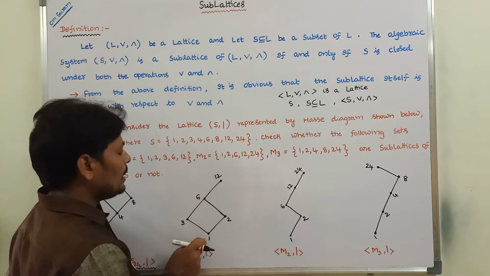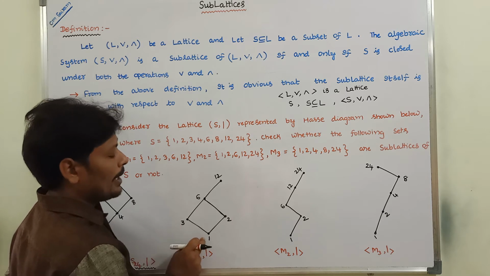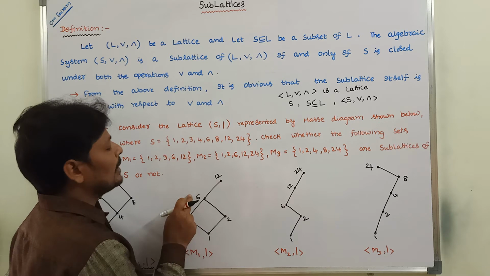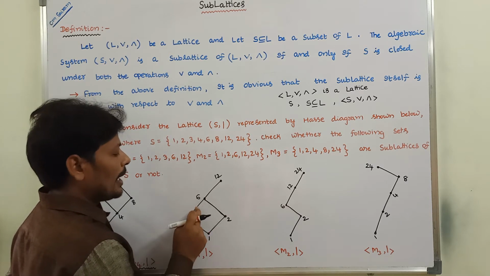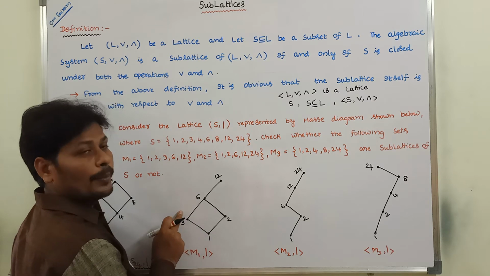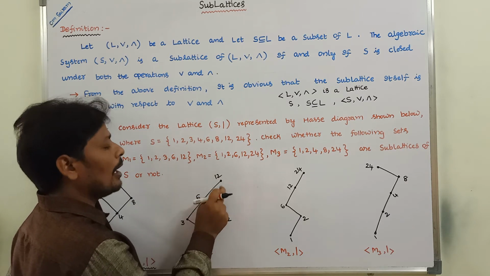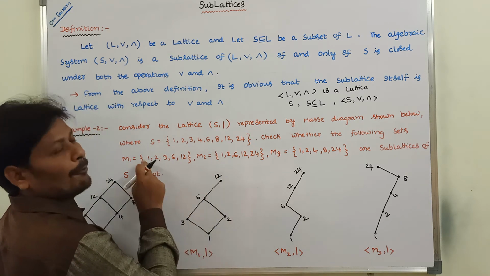Next, 1 divides 3, so there is a relation between 1 and 3. Next, 3 divides 6 and 2 divides 6, so we have to draw the edge between them. Next, 6 divides 12, yes, we draw the edge. This is the Hasse diagram for M1.